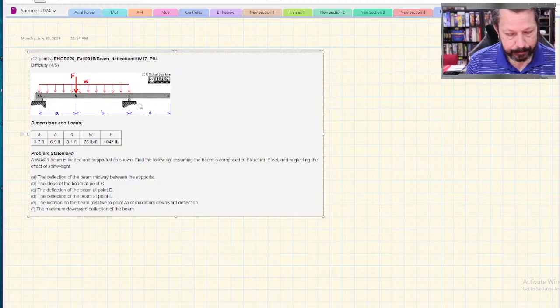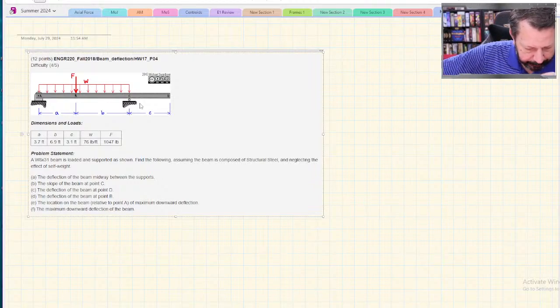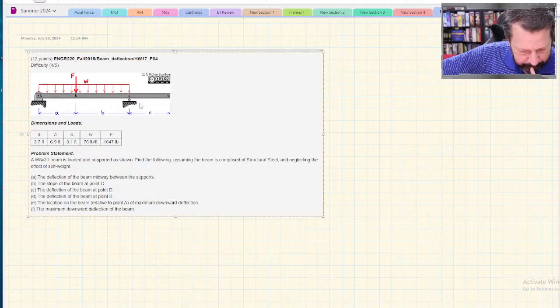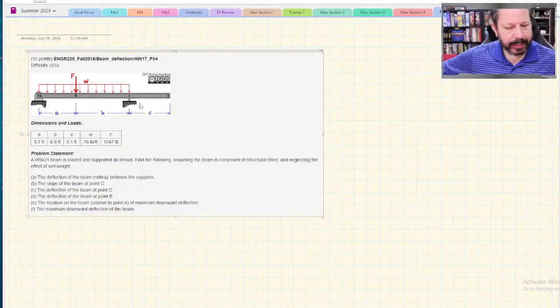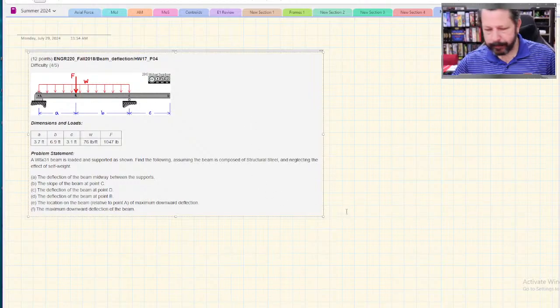Well, no, that just helps us solve problem C. The deflection at B. So I think we don't need A, B, or C to help with D, E, or F. Ooh, the location on the beam of maximum downward deflection, okay. And the maximum downward deflection of the beam. Okay. All right, so yeah, I don't think we need to do A, B, or C, if I'm thinking about it correctly, but we'll find out.